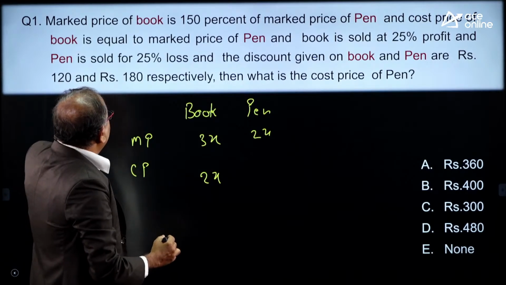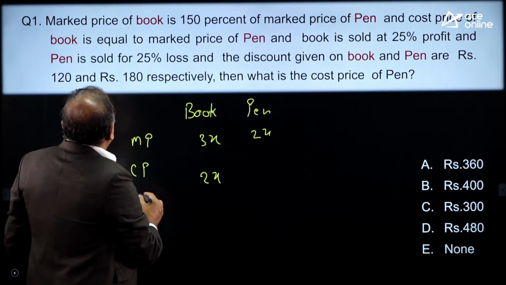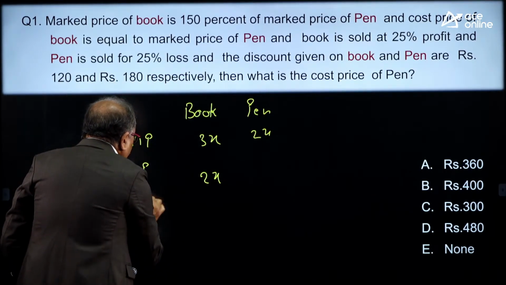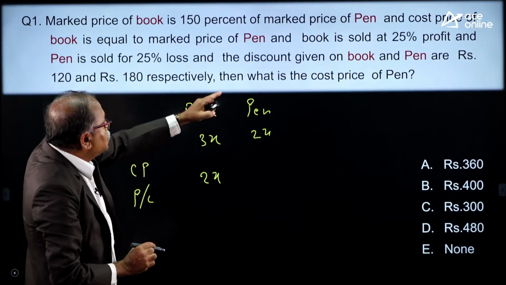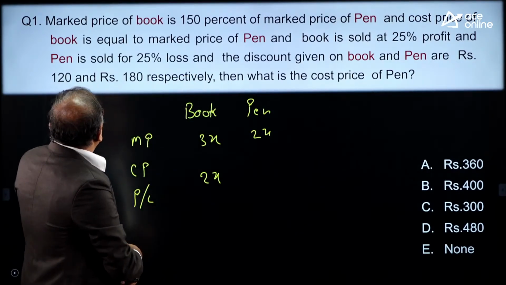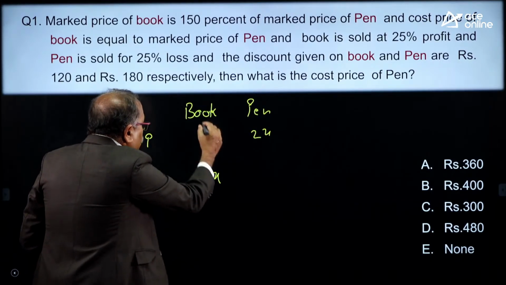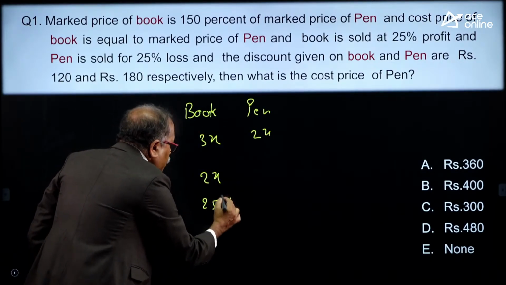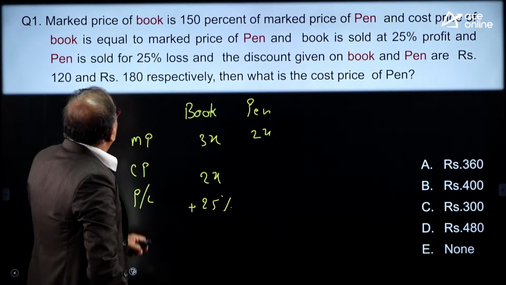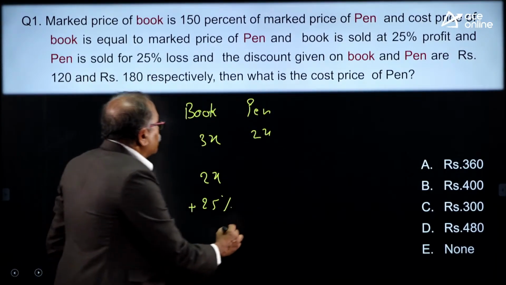And then it says the profit or loss percentage. The book is sold at 25% profit, so I am writing plus 25% over here, and the pen at a loss of 25%.